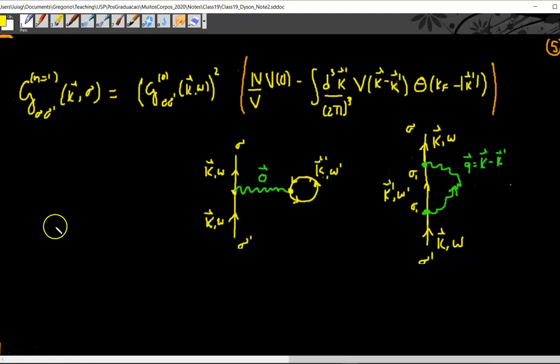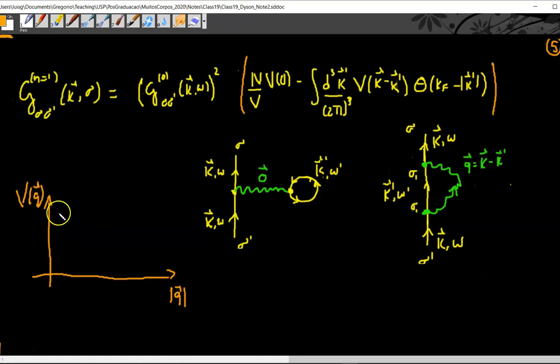So if we look at the plot, say, let's plot here V of Q, okay? And V as a function of, say, Q absolute value. All right. So this is the Fourier potential of the real space potential.